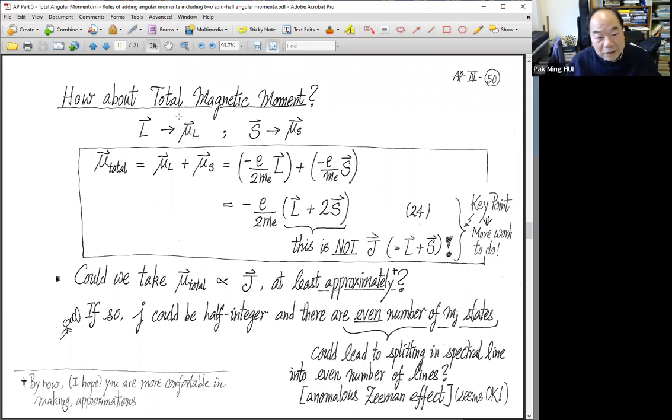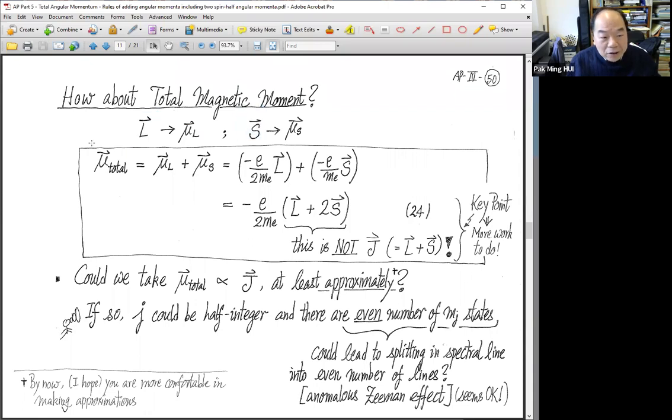Nonetheless, this is anti-parallel to L. Similarly, there's a spin magnetic dipole moment that is anti-parallel to the spin angular momentum. Now, we have defined J to be L plus S.